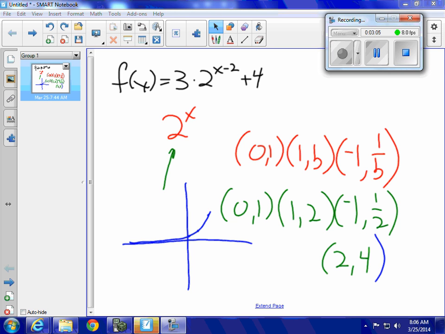Okay, so the next question says, will there be a vertical asymptote for the transformed function? If so, what will it be? Let's do it on a graph.